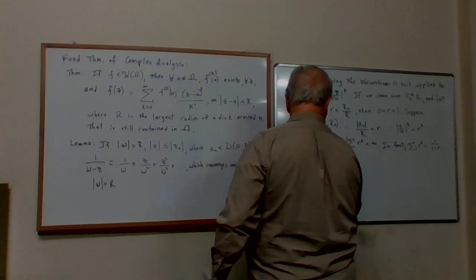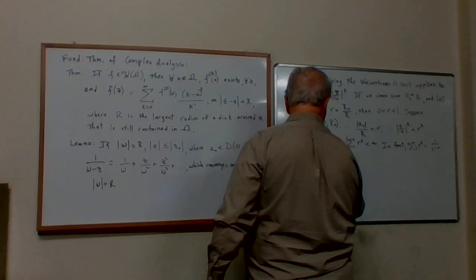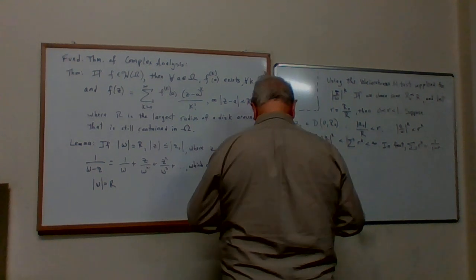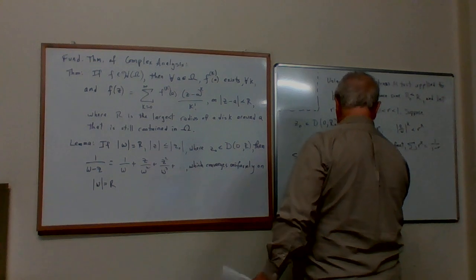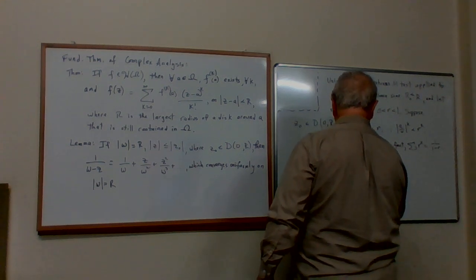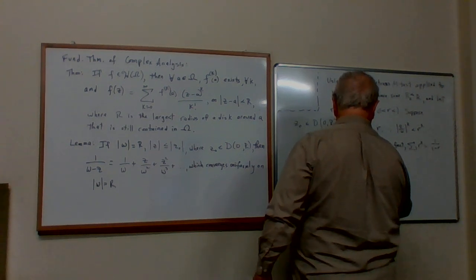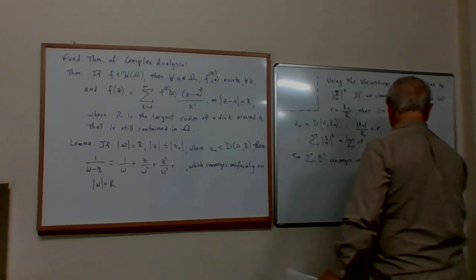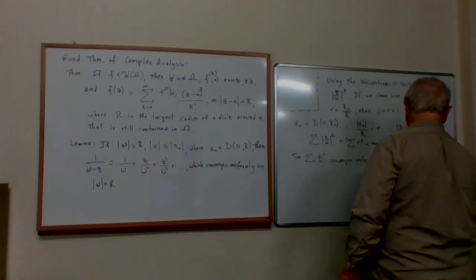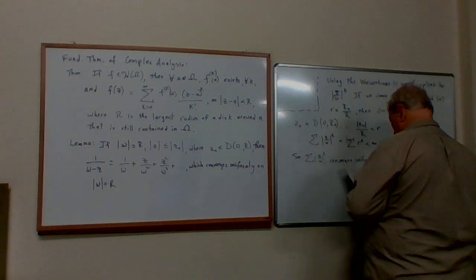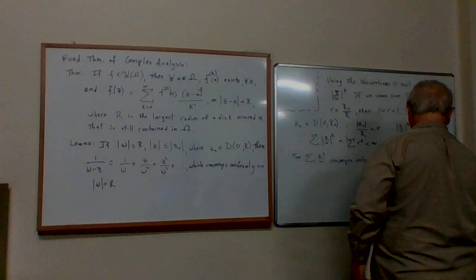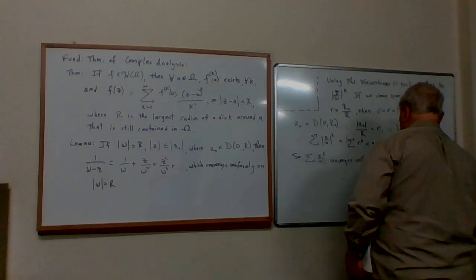So, the sum of (z over w) to the k without the absolute value converges uniformly to 1 over 1 minus z over w.